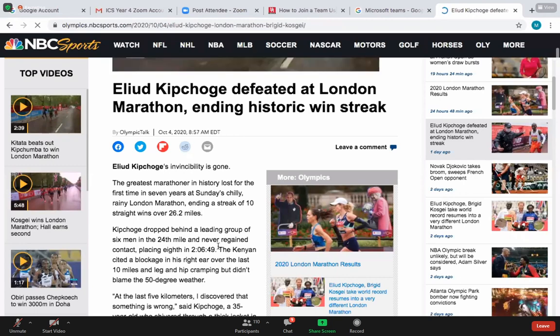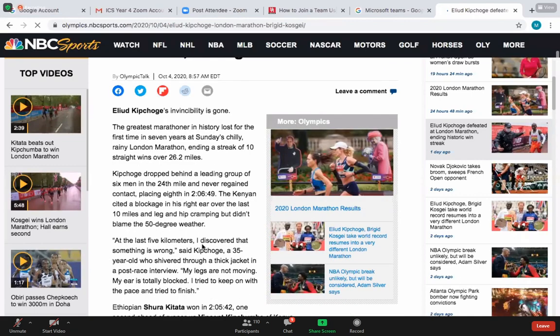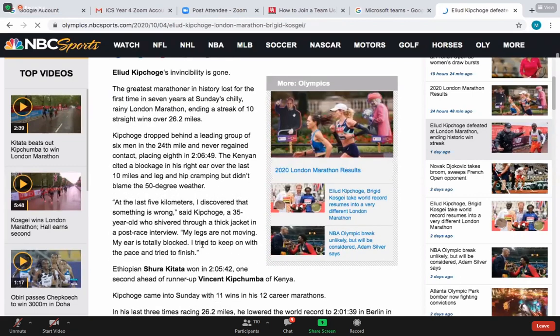The Kenyan cited a blockage in his right ear over the last 10 miles and leg and hip cramping, but didn't blame the 50-degree weather. At the last 5 kilometers, I discovered that something is wrong, said Kipchoge. The 35-year-old shivered through a thick jacket in a post-race interview. My legs were not moving. My ear is totally blocked. I tried to keep on with the pace and try to finish.